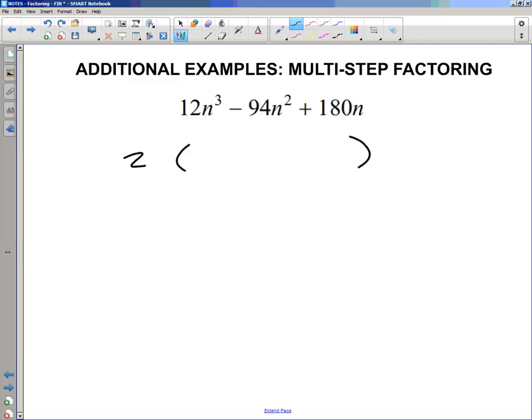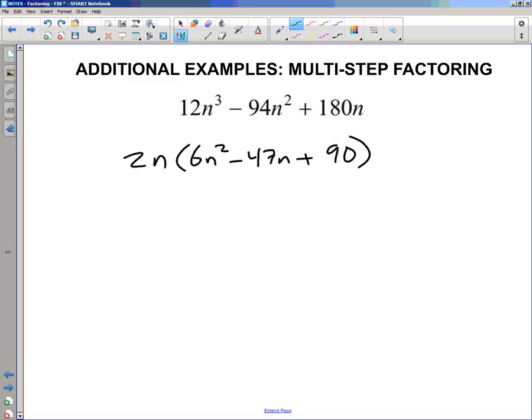And I do notice that there are n's in each of these terms. The biggest number of n's we can factor out of each one would be a single n. So factoring that out, it's going to leave us with a 6n squared minus 94 divided by 2 is 47, and then plus 180 divided by 2 is 90.